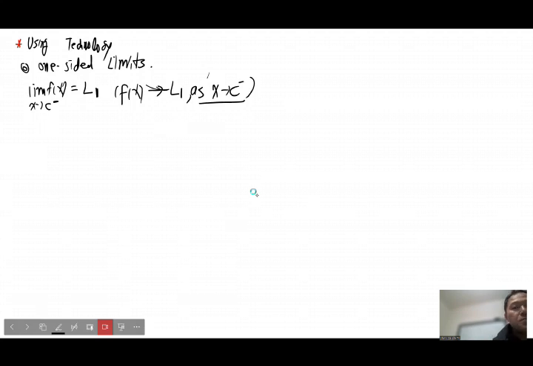Then that is called the limit from the right.